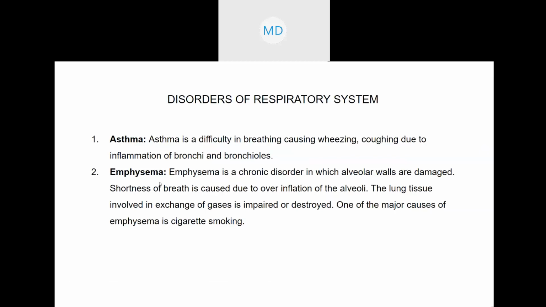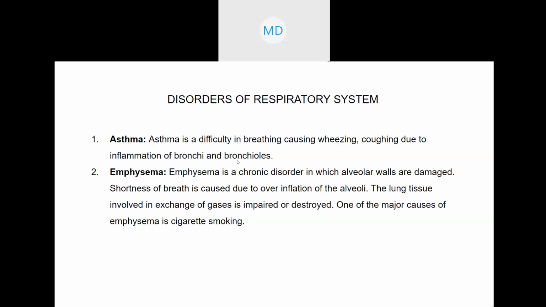So that is one disorder associated with the respiratory system, asthma. The symptoms are difficulty in breathing and wheezing cough. It is caused due to inflammation, meaning swelling, of the bronchi and bronchioles.